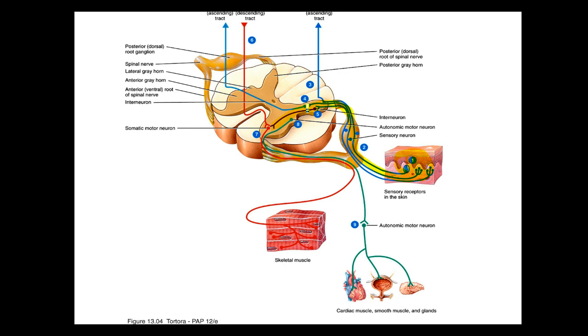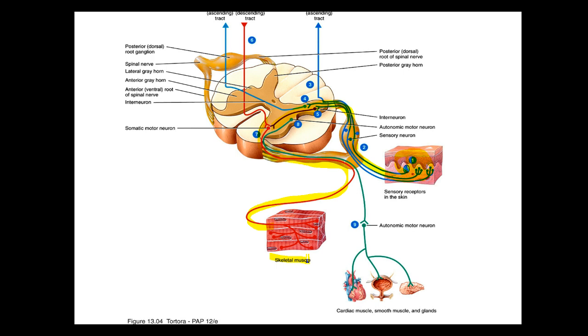Once integration occurs, we are going to send the signal either to a somatic pathway or an autonomic pathway. If we send it to the somatic pathway, it's going to come out the anterior gray horn directly to the skeletal muscle.